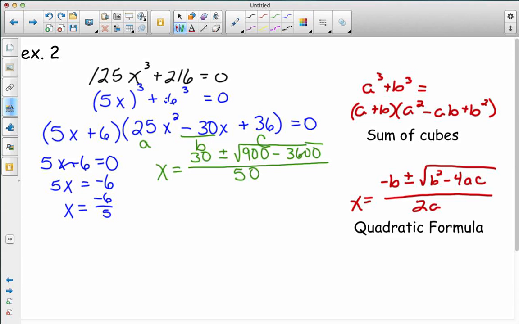So when I simplify, I get x equals 30 plus or minus the square root of 900 minus 3600. And when you do that, you get negative 2700.